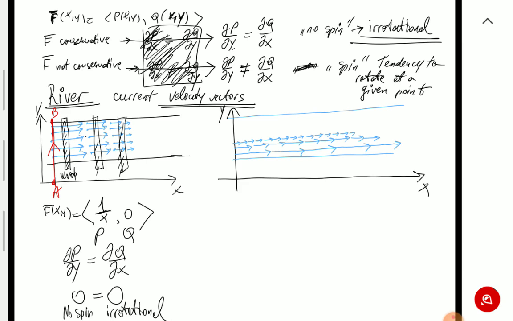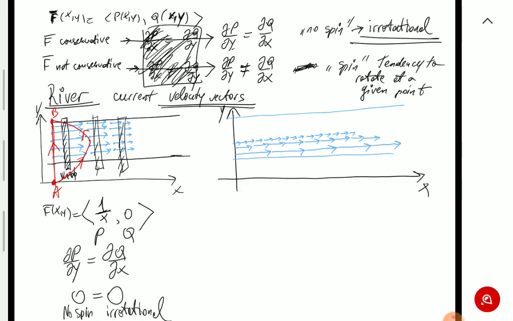Now, what if you decide to go on a different path? Let's say you want to swim toward the middle of the river downstream here and then swim back to point B. Up until the middle of the river, you're going to gain some energy, because a component of these vectors actually helps the motion along the path.